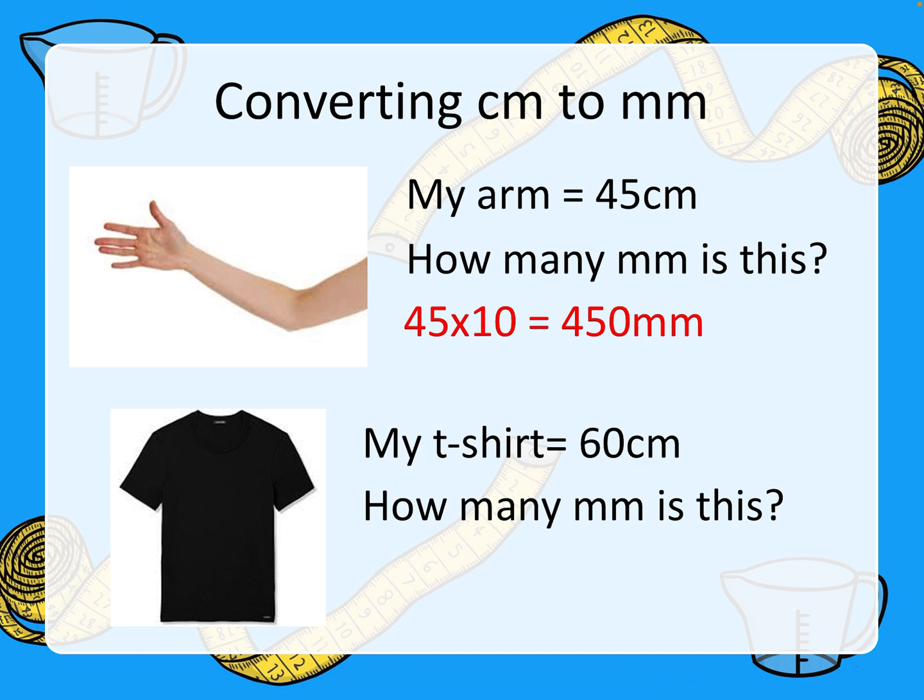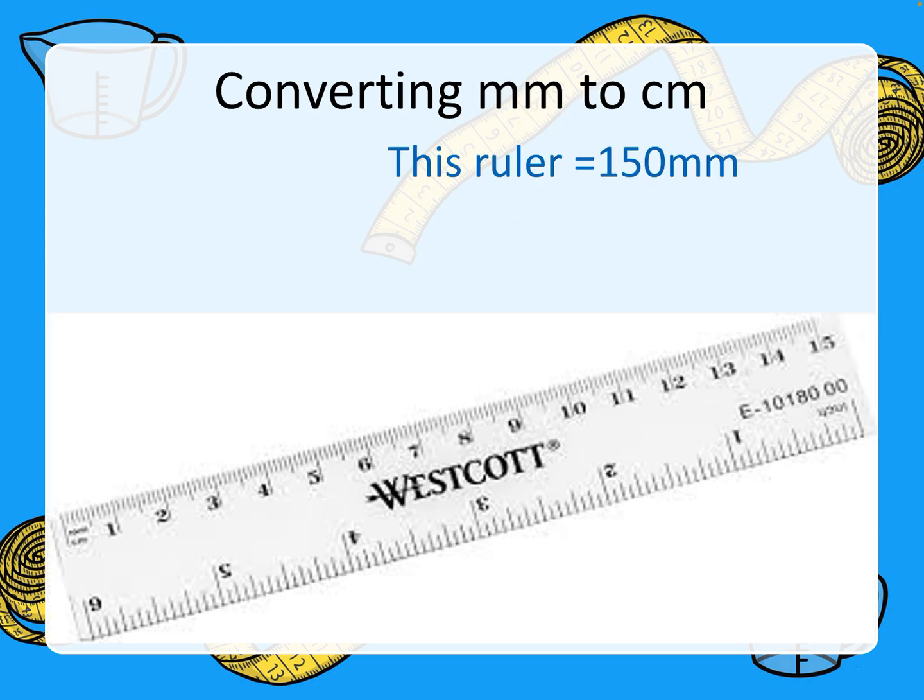So that means 6 times 10 is 60, okay, 600 millimetres. I made a mistake there. So 60 centimetres times 10 is 600 millimetres.